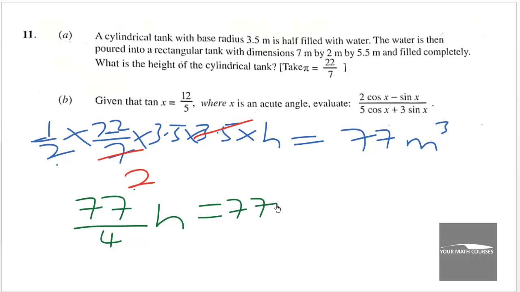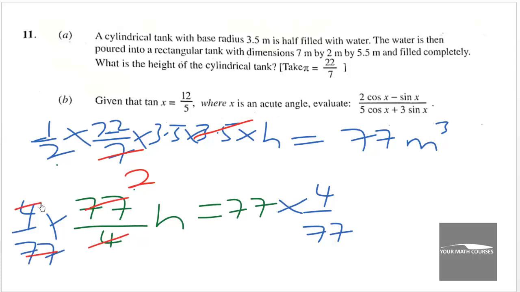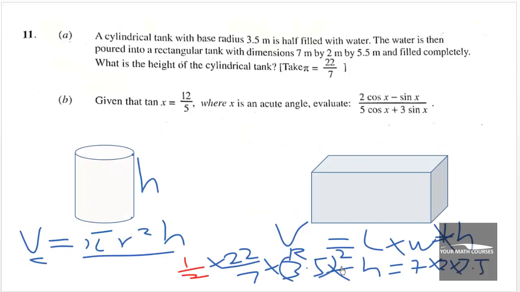We can multiply both sides by 4/77, so we obtain the height to be equal to 4 meters. So the height of the cylindrical tank is 4 meters.